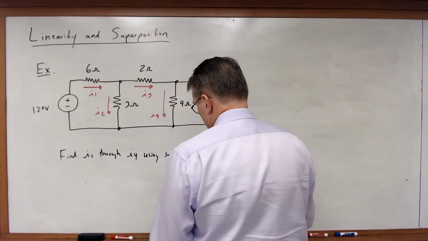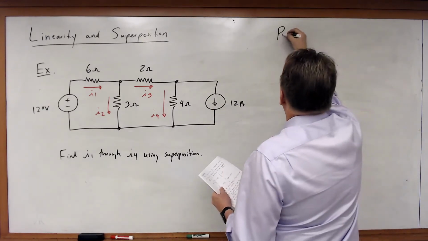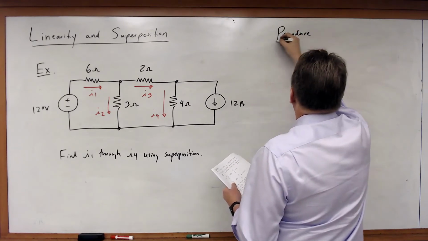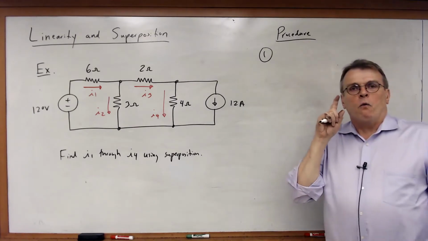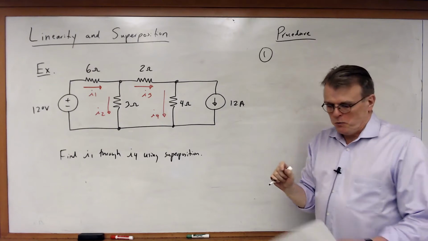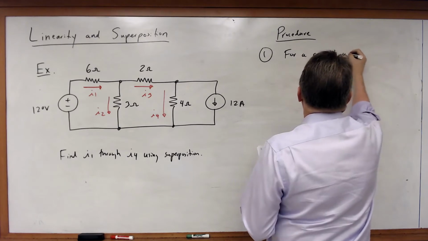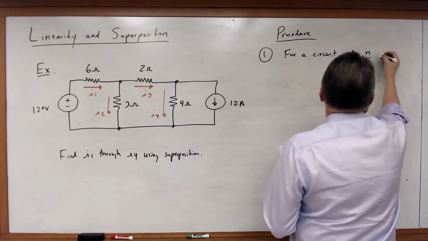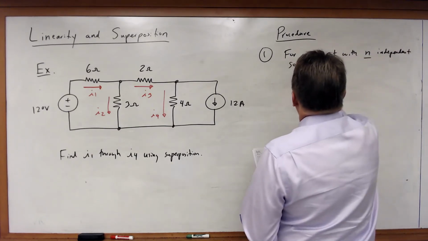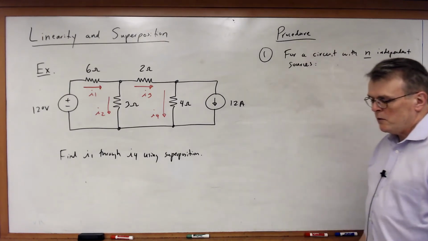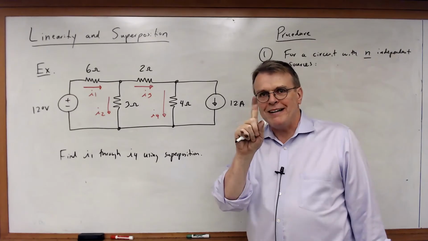So let's talk about our procedure. How do we apply superposition? Step one, for a circuit with n independent sources, we are going to set all independent sources but one to 0.